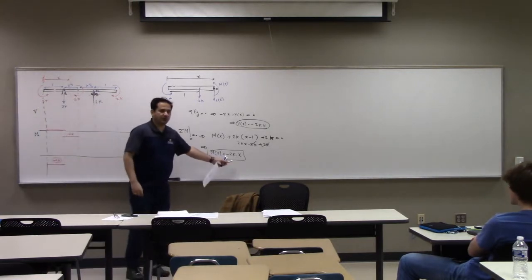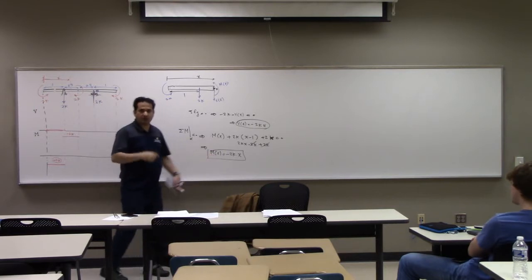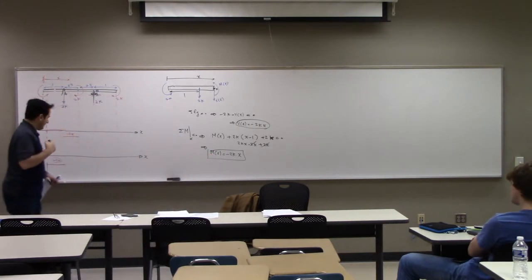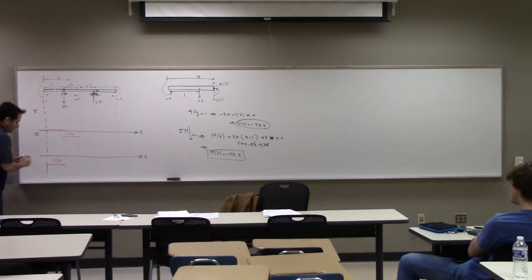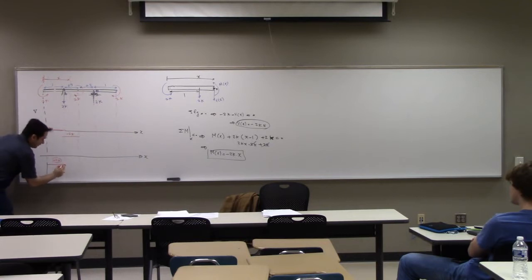How many points do I need to plot that? It's a line. 2 points. Put x equal to 1. What do you get? It's right here. It's 1 point. Put x equal to 1.5. What do you get?